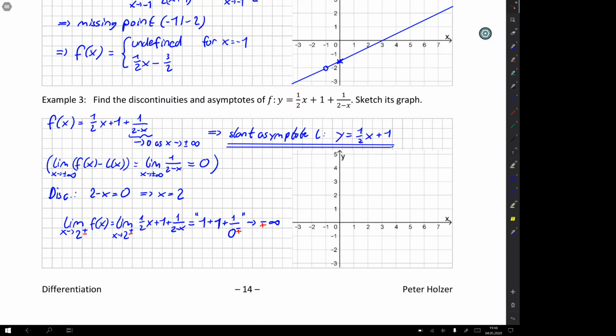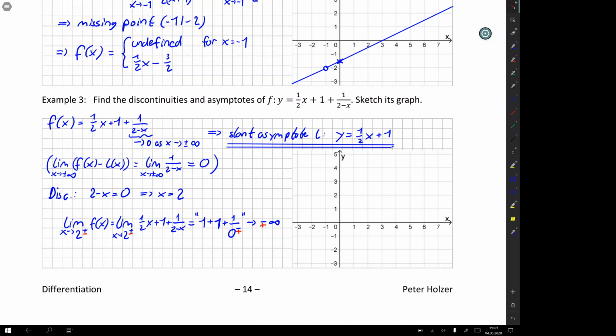Now I was too lazy to rewrite the whole thing, so I just used another color and added the minus here, saying now let's look at x going towards 2 minus. Well, here 1 plus 1 remains unchanged, and now if the x is a little bit smaller than 2, then 2 minus this x is positive, so I get 1 divided by 0 plus, so then it goes off to plus infinity.